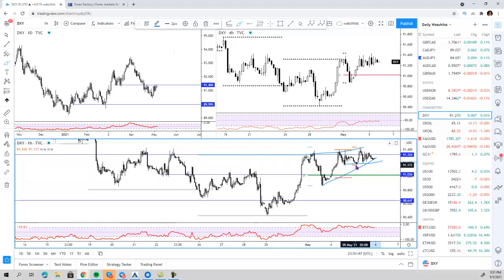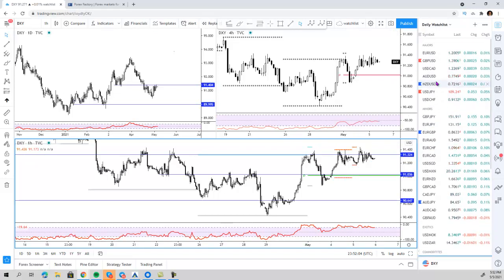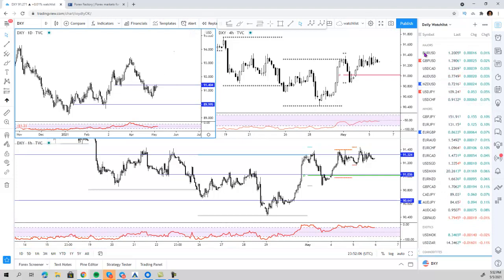Now, if price breaks the 91.16 level, this level right here, we should have a very bearish continuation in the US dollar. And we are looking to position ourselves on the sell side of the US dollar for today's trading session.